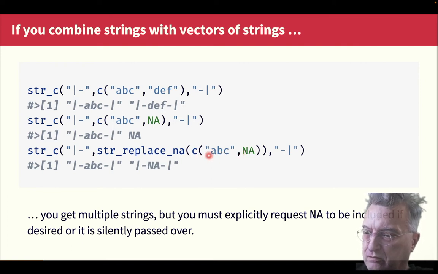Concatenate A, B, C, and NA with the dash and the pipe character. Okay, so in this case, it didn't explicitly do the pipe character and the dash with NA. In this case, it explicitly does do that, and that is because of the string replace NA function.